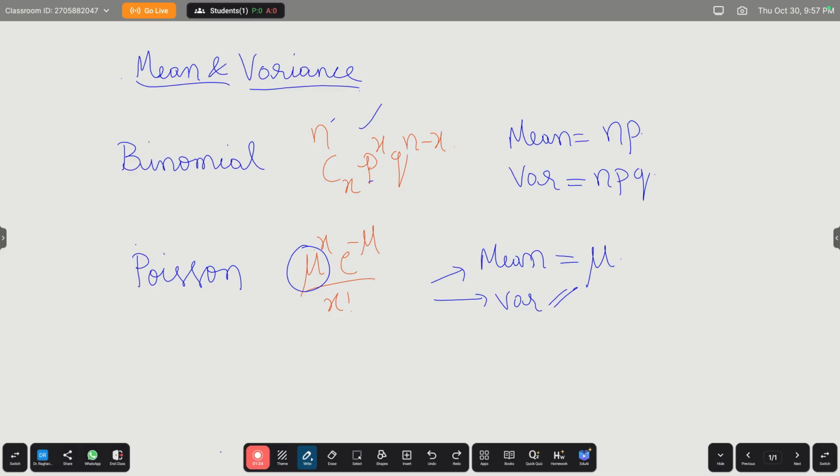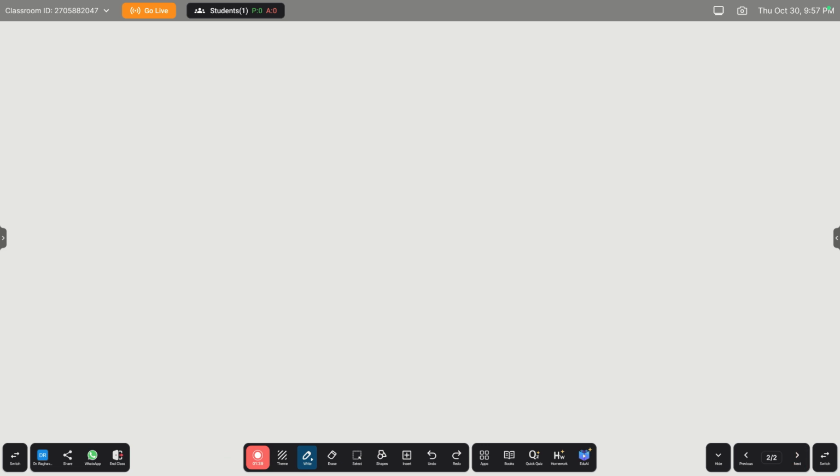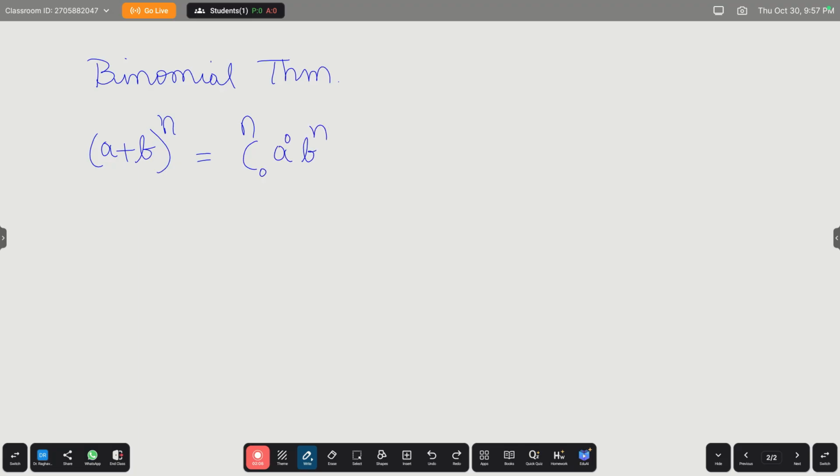Let us take the case of binomial distribution first, and as a prerequisite, let us recall the binomial theorem that we have learnt in our high school. As per binomial theorem, the expansion of (a plus b) whole to the power n for any integer n is nC0 a power 0 b power n plus nC1 a power 1 b power n minus 1.